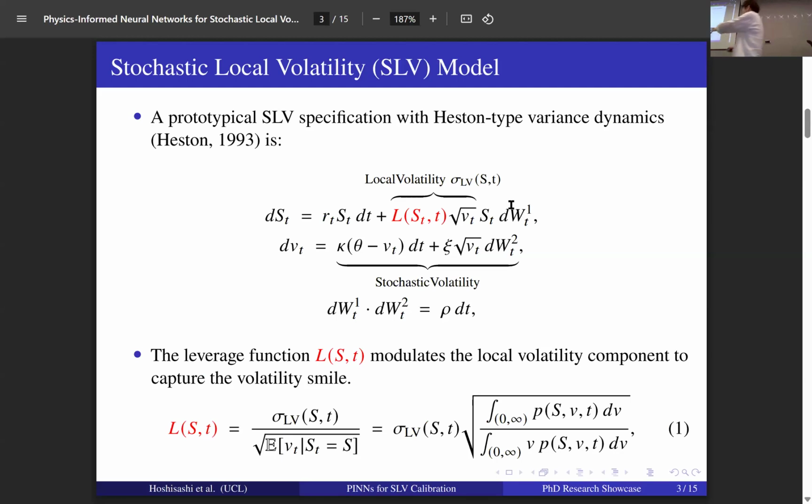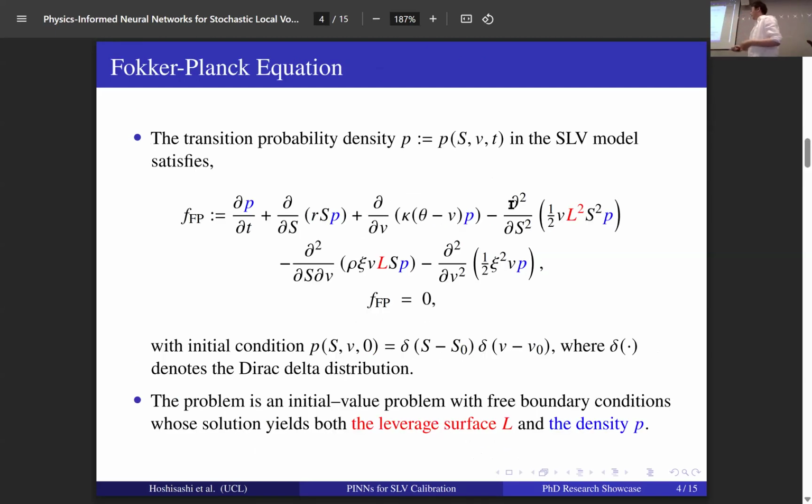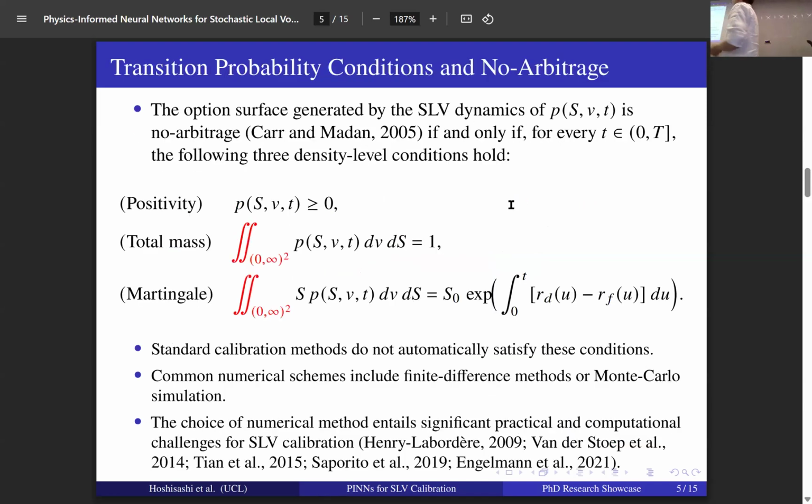It can be represented here by the calibrated density function P. That is a very complicated problem in quantitative finance because it's an initial value problem with pre-boundary conditions. But that solution uses both the leverage surface and the density P.